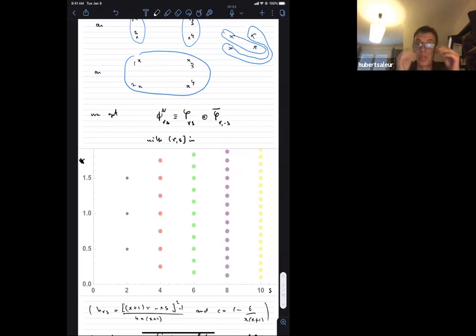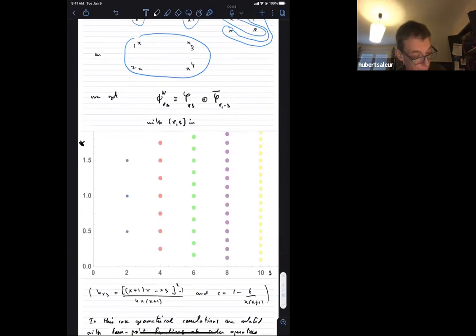So what you see, I'm not explaining it very well, is that the allowed values of R modulo an integer are in fact dense in the interval 0, 1. Roughly speaking, you get a spectrum that's made of all the rationals.